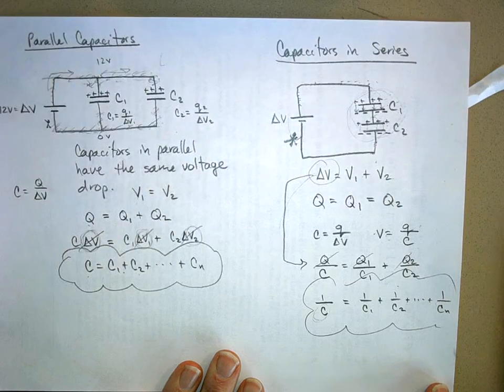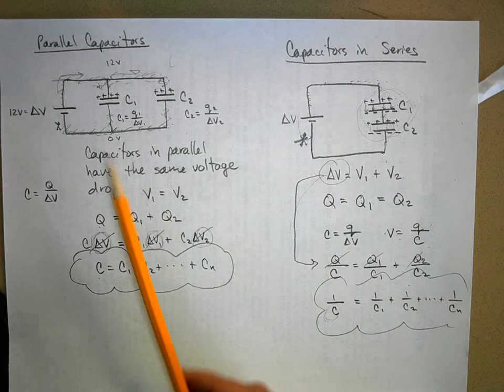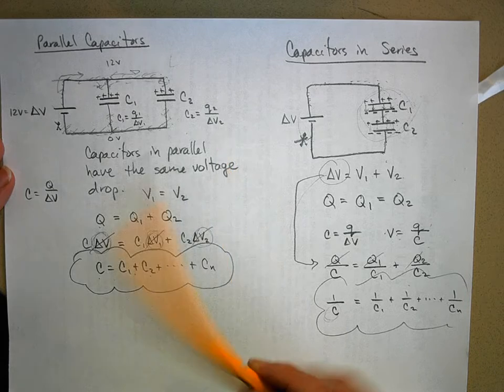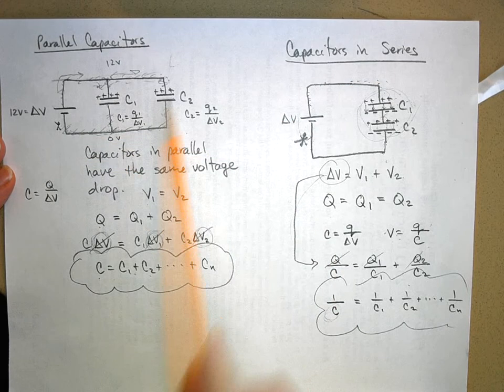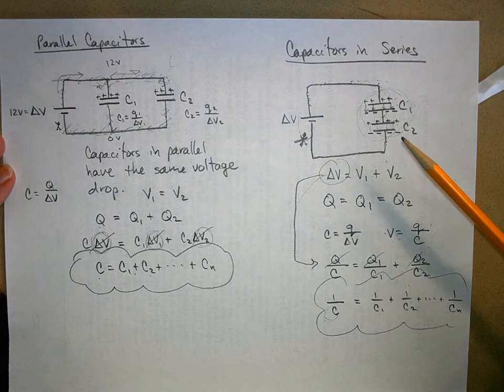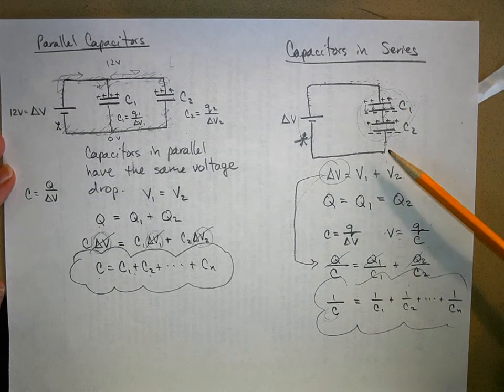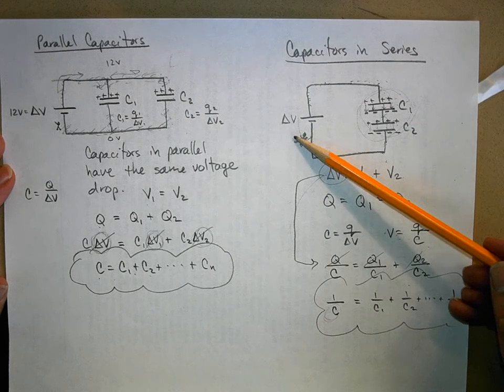And that is, in parallel capacitors, the voltage is the same, but the charge adds. In series, the voltage adds to get your total voltage, but the charge is the same.